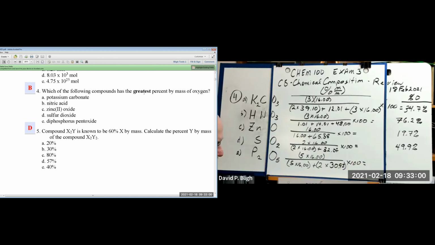Okay, so we got 16 and multiply 5 times that. And then we add 30.97 times 2. Added to that gives you that. All right, just checking myself. And divide it times 100. 56.4.